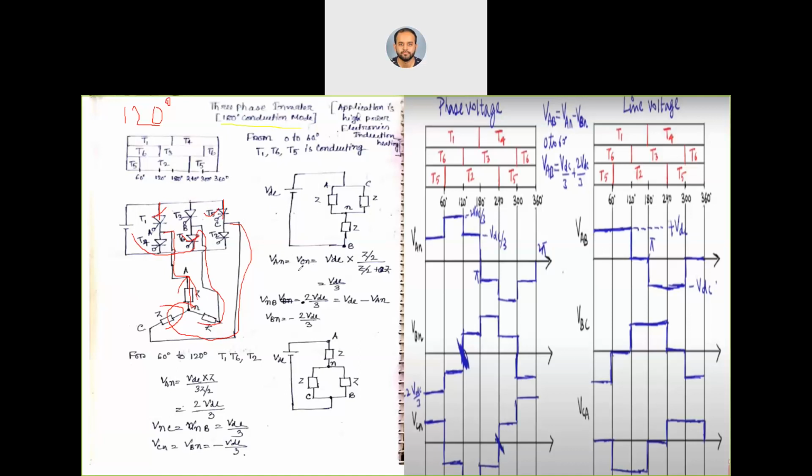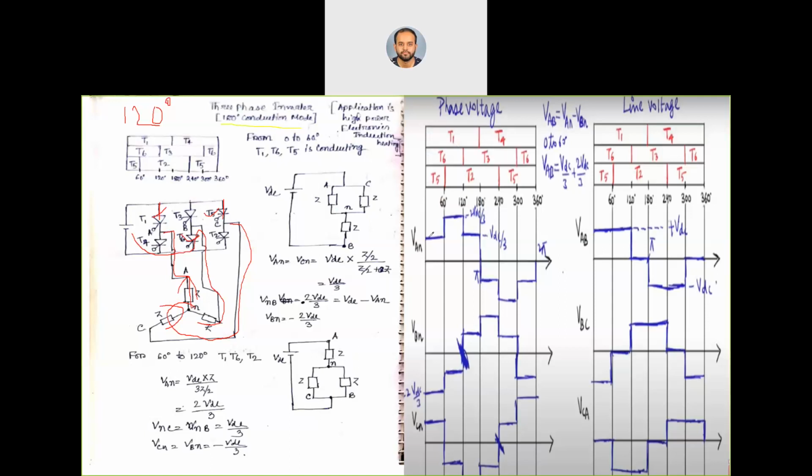So we can find out that VAN and VCN are both connected in parallel. If we apply the voltage divider rule, VAN will be equal to VDC into Z by 2, divided by the total impedance, Z by 2 plus Z. So VAN will be VDC by 3.